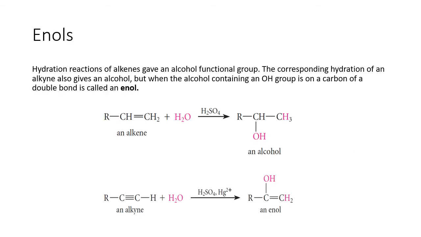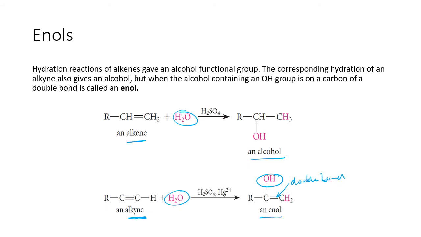We previously saw that when alkenes underwent hydration reactions, that they formed alcohol products. And when alkynes undergo hydration reactions, they form similar products. So hydration, adding water, we end up forming something known as an enol. An enol is when you have an alcohol bonded to the carbon that still has a double bond here.